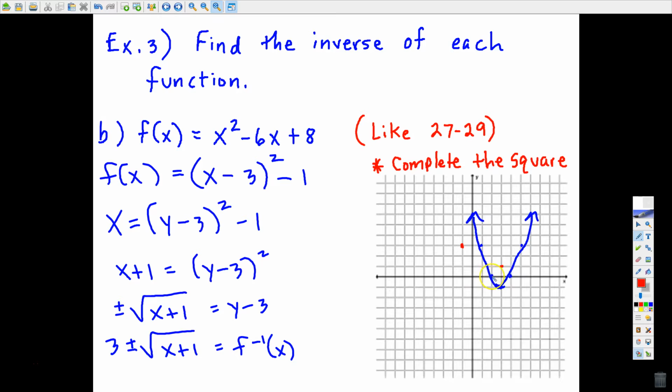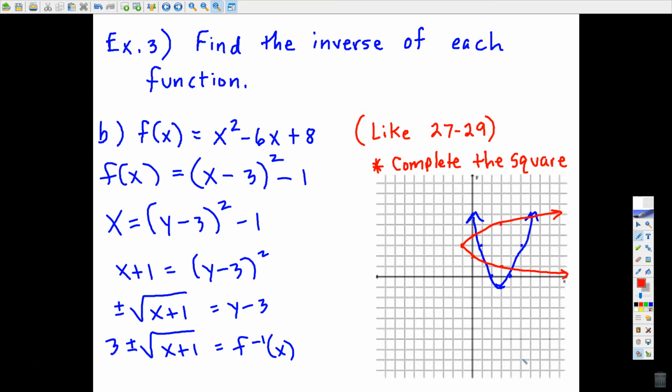This is 2, 0, so I'm going to plot 0, 2. This is 4, 0, so 0, 4. And you can kind of see how, once again, a parabola that opens up should have an inverse that's a parabola opening to the right. Right, so far so good.